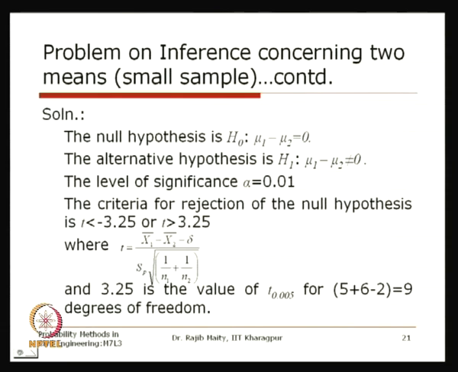The statistic that we know is x1 bar minus x2 bar minus delta, divided by SP times the square root of 1 by n1 plus 1 by n2. Here x1 bar is the sample mean of the first sample and x2 bar is the sample mean of the second sample, which we can get from the data we have, and SP, the pooled standard deviation, we should also calculate as discussed so far.